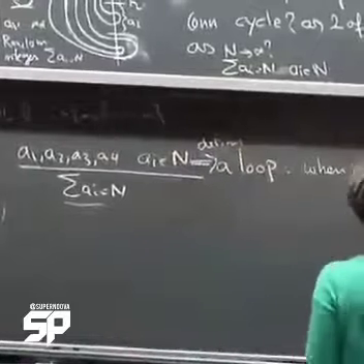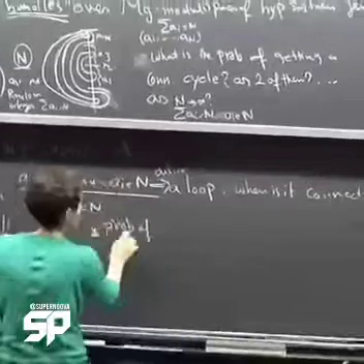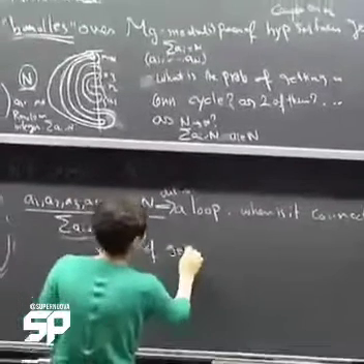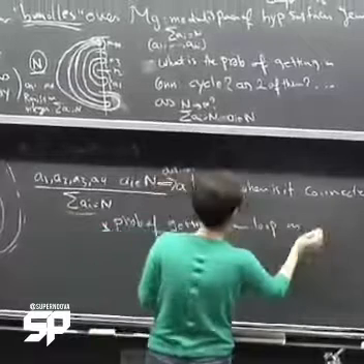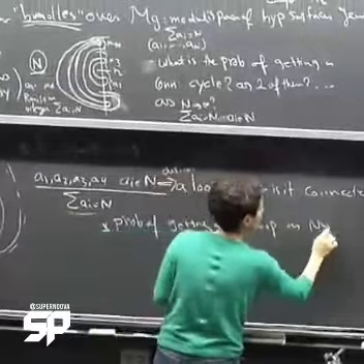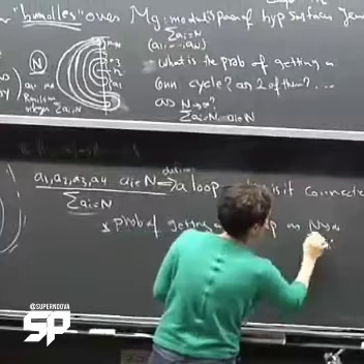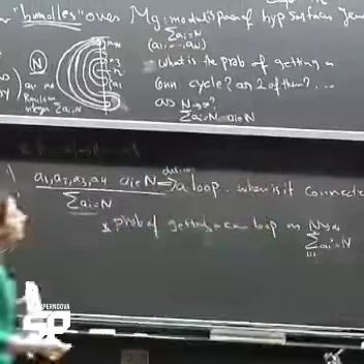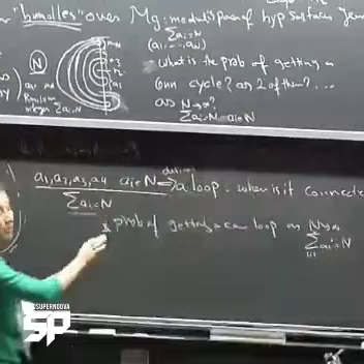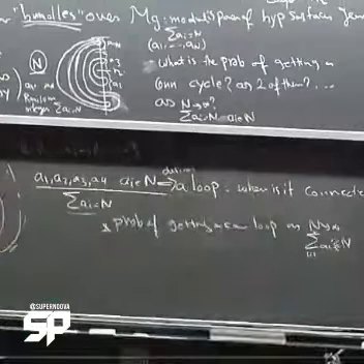Or, to be more precise, what is the probability of getting a connected loop as n goes to infinity? So you choose a_1 to a_n integers uniformly, restricting that the sum is less than or equal to n. That's the probability of getting it.